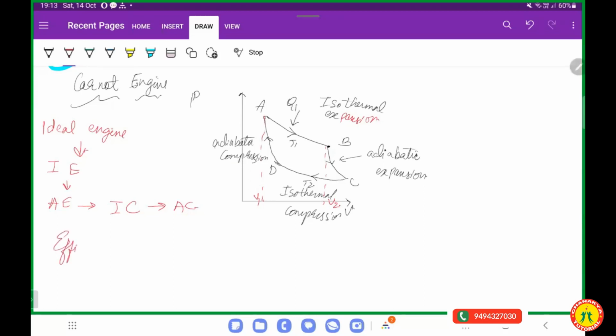So engine has efficiency. And pump has performance.